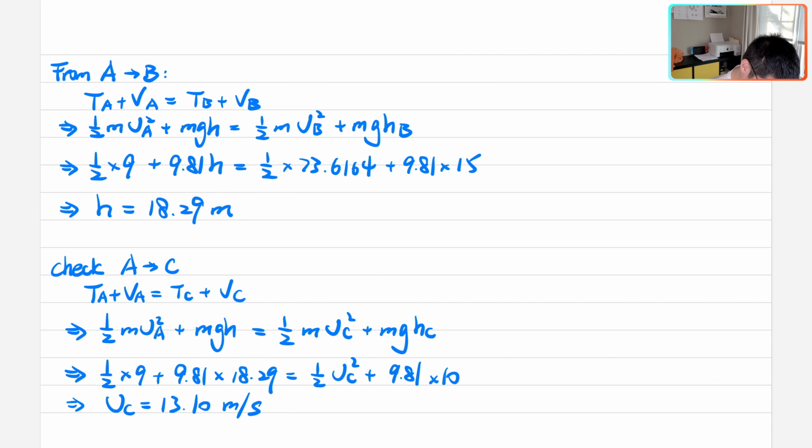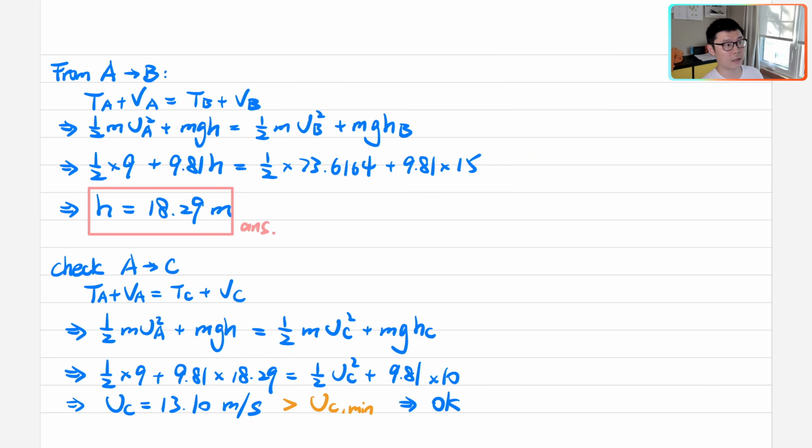So this is greater than vc minimum, so we're okay. That means now we can safely declare this is our answer: the minimum height for the roller coaster to gain enough speed to pass point B on top and point C on the top.